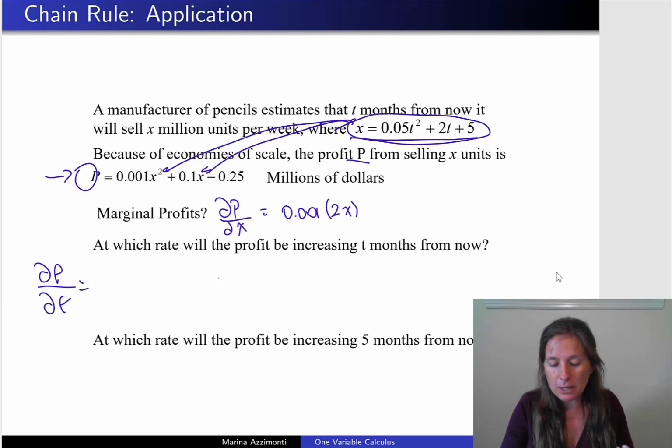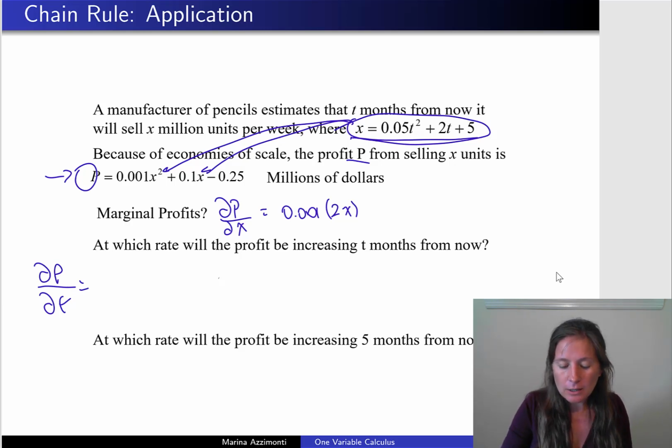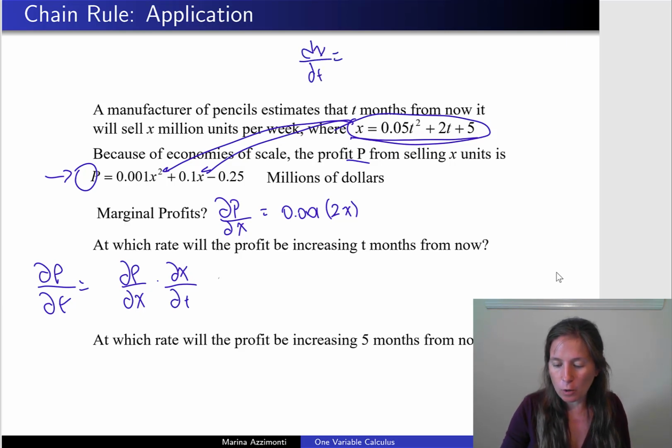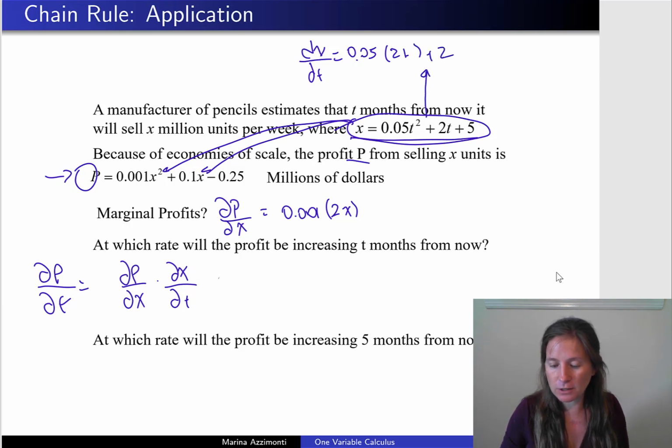So the change in P when you change T is the change in P when you change X times the change in X when you change T. So what is the change in X when you change T? We can compute it from the first equation, it's 0.05 times 2T plus 2. It's just the derivative of this function.